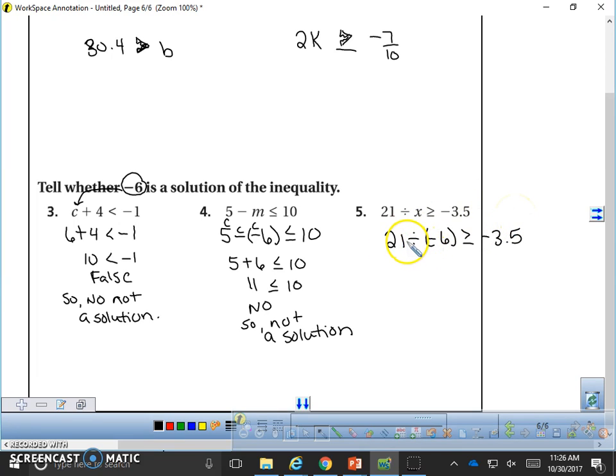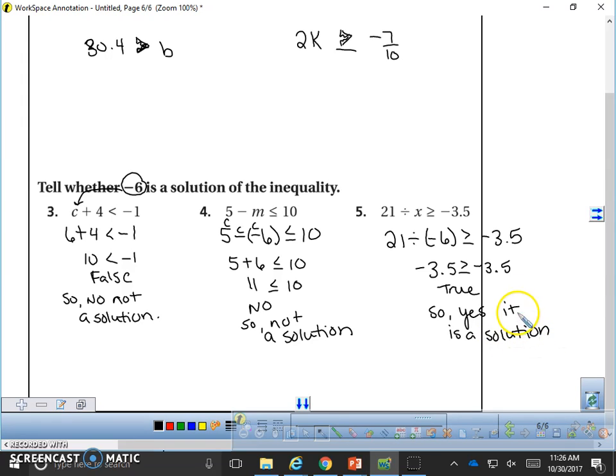So negative 21 divided by 6 is negative 3.5. Is that greater than or equal to negative 3.5? True. So, yes, it is a solution.